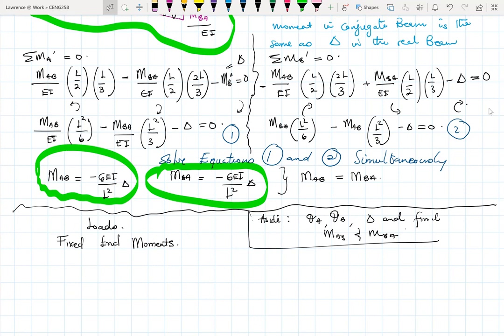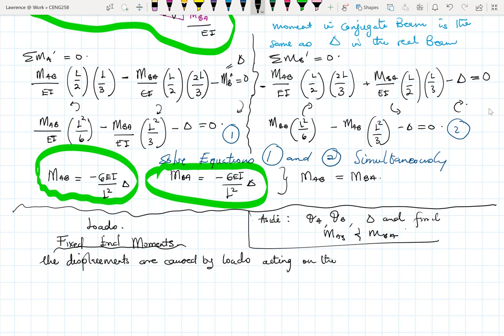These displacements that we have been talking about are caused by the loads acting on the span of the member or the members, and not the end moments.